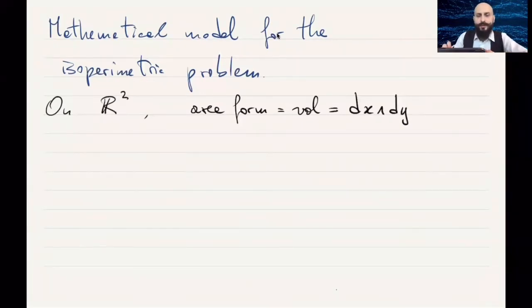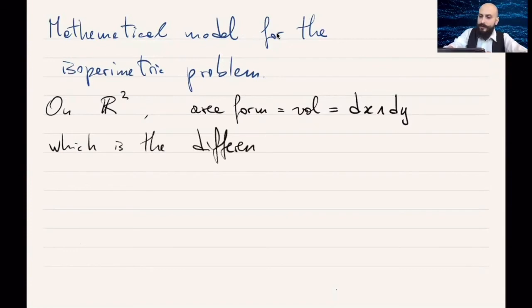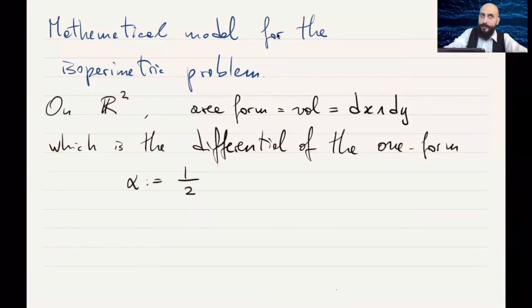Now we observe the fact that the area form is the differential of a one form, let's call it alpha, which is 1/2 (x dy minus y dx).